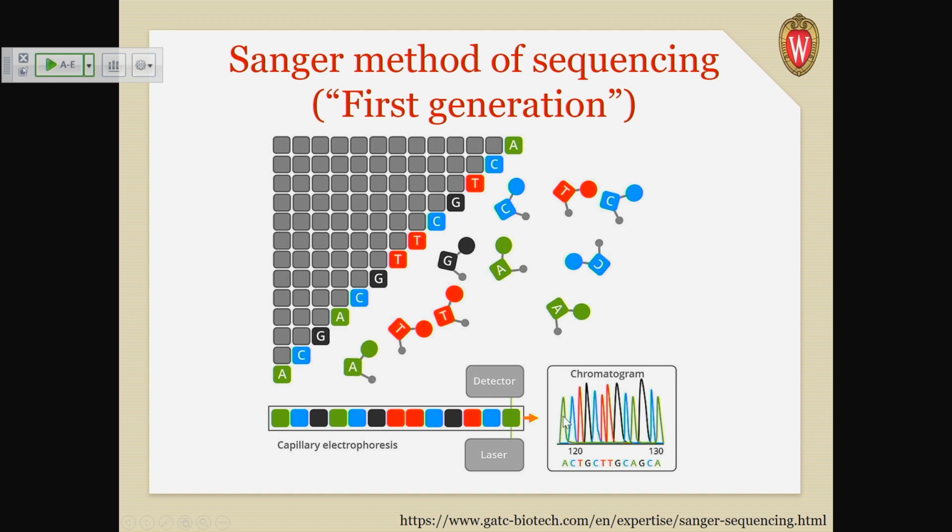So you get a green peak that says that one's an A, a blue peak that says that one's a C, and so on, so you can read off the sequence. And this is really, really accurate. It was the gold standard for a really long time, many decades, but it's not that high throughput. It's relatively small numbers of base pairs you can do at a time, so you have to limit the amount of sequencing that you can do and the amount of a particular genome that you can do at one time.